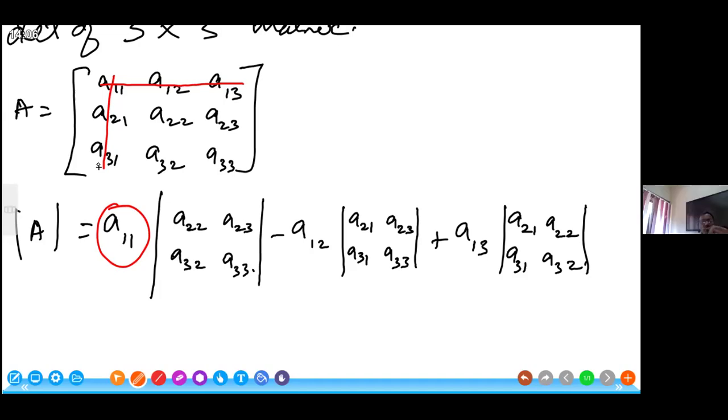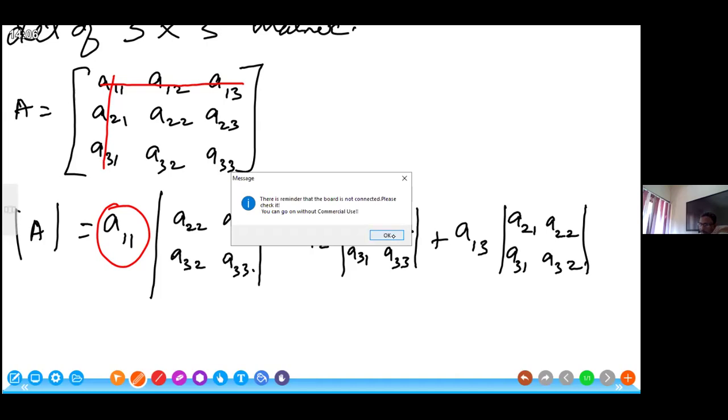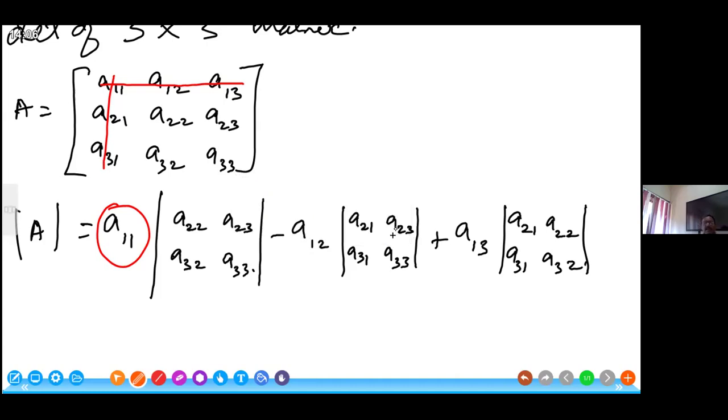Right? So here, when you consider A11, ignore the row and the column it belongs to, the first row and the first column. Then get the determinant, called the cofactor, of the remaining A22, A23, A32, A33. Minus, right?